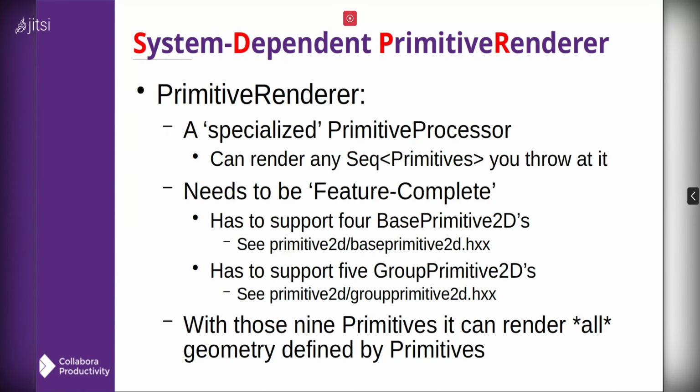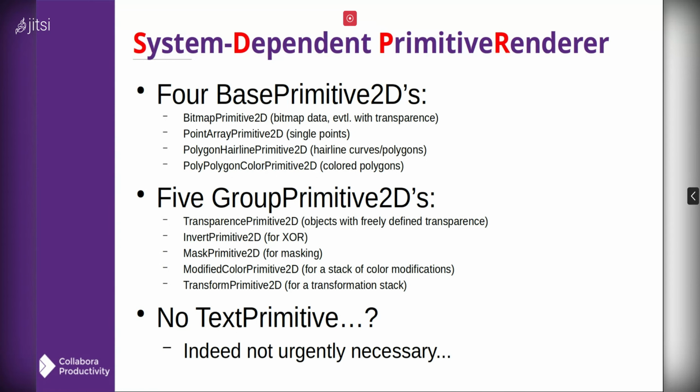We also have the invert primitive, which is there because of old stuff where we still use XOR stuff. That's the most dangerous and bad one because it needs read access to the target bitmap, which actual graphic systems continuously start to deny because of performance stuff, and which is bad in general.